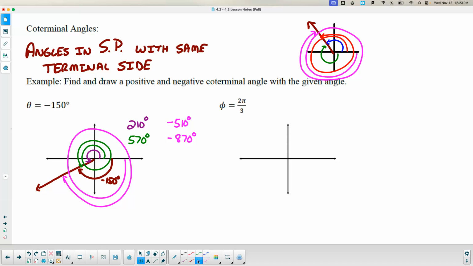I could also go 930, negative 1230. How am I getting those so quickly? Adding 360 or subtracting 360. Exactly. All of those angles are right here in this brown angle that I have drawn. They're all right there.